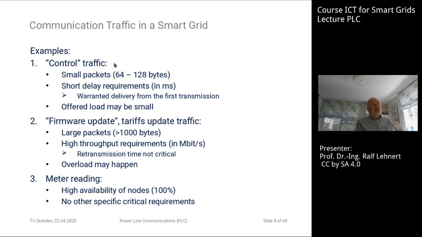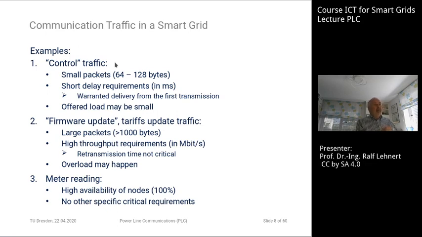A control command is typically addressing a certain device, so you do need an address, and you give a command on or off, that is simply binary. Well, usually you can give some more information, start to charge your car with a certain energy and so on.